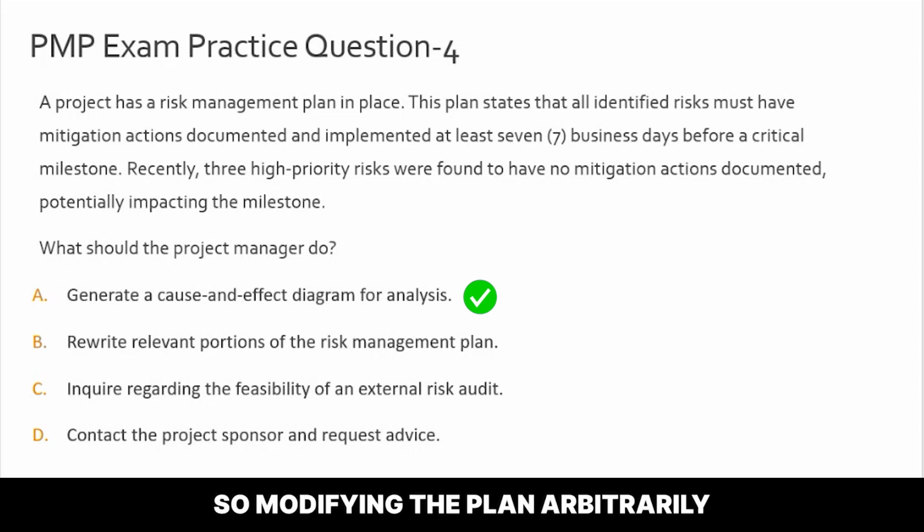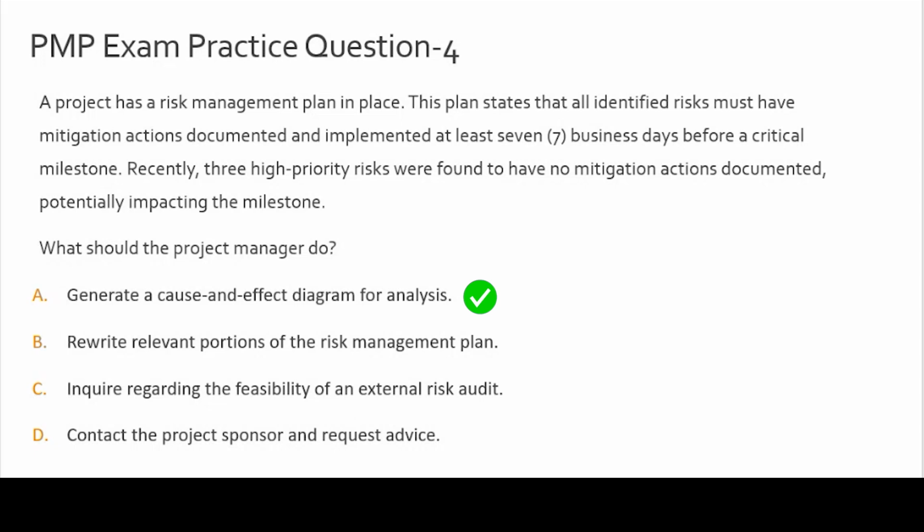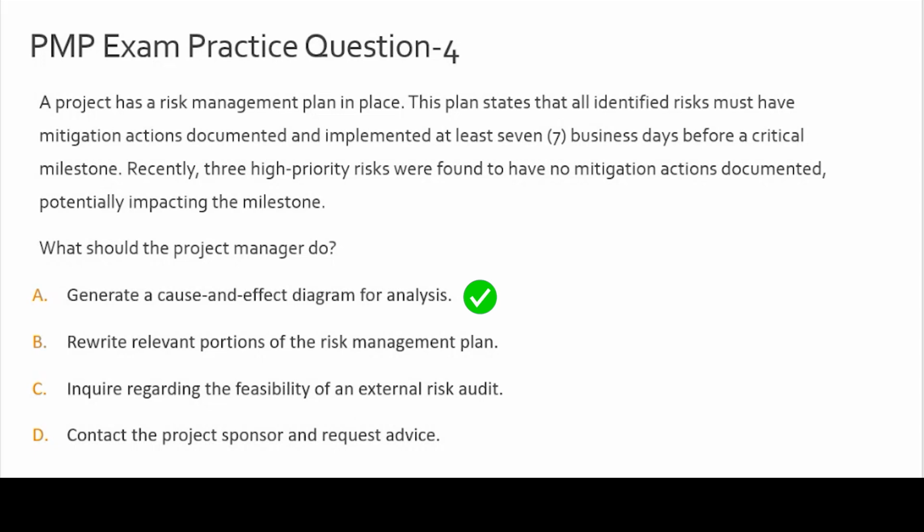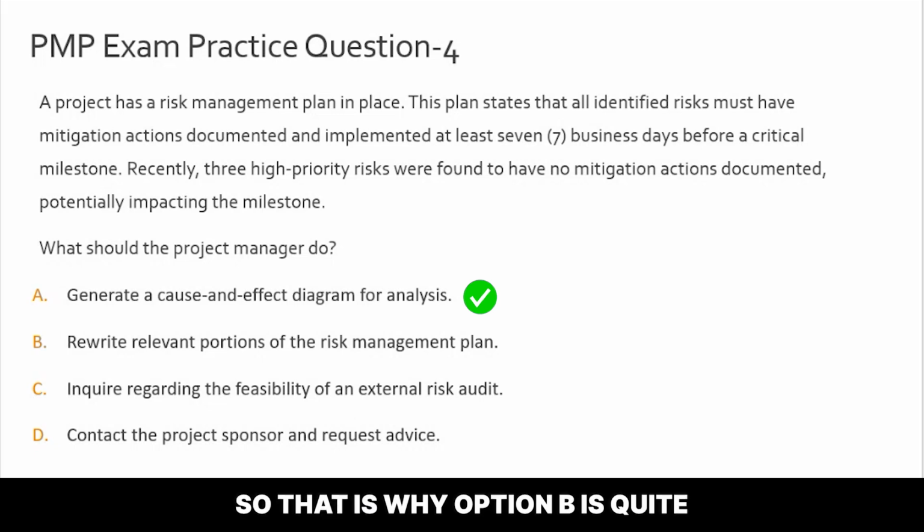So modifying the plan arbitrarily could result in misalignment with the original project objectives and stakeholder expectations. Generating a cause and effect diagram first ensures that any changes to the plan are well informed and analyzed down to the root cause, and then if it makes sense, you can go ahead and update the risk management plan. Okay, so that is why option B is quite premature in terms of an action, and that is why it is incorrect.